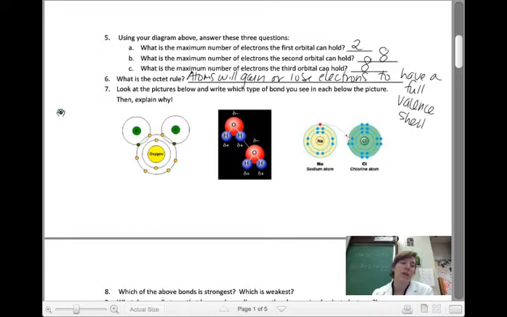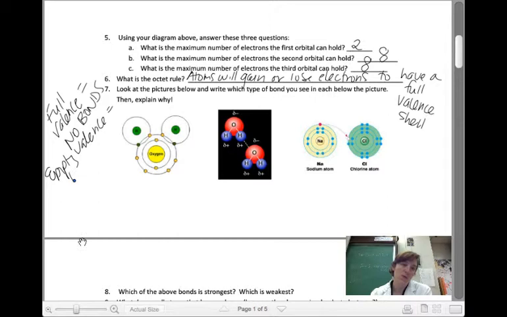So I'm going to add this over here. Full valence equals no bonds. Empty valence equals bonding. So bonding has everything to do with those electrons in that outermost level.